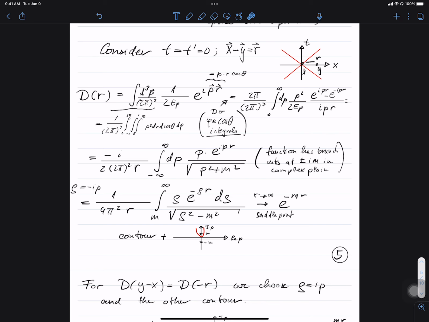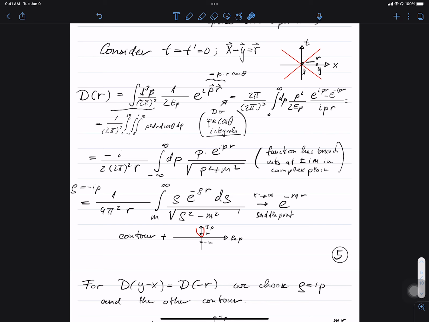If I plug in im here, and larger imaginary values than m squared, I first get a divergence when p is equal to im, and then there's a flip in the sign.